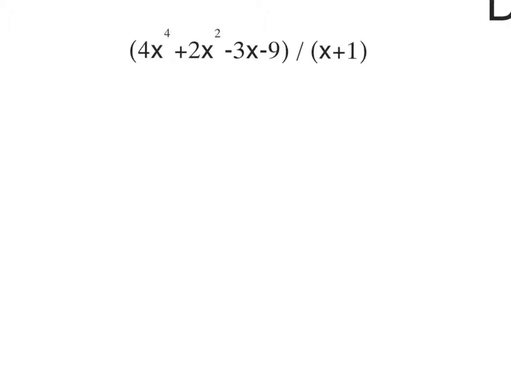The way to do synthetic division instead of long division is we start out by putting a half box like that, or a reverse L. And we're going to focus in on the divisor, which is x plus 1. We need to think about it this way. If it were equal to 0, what would x equal?